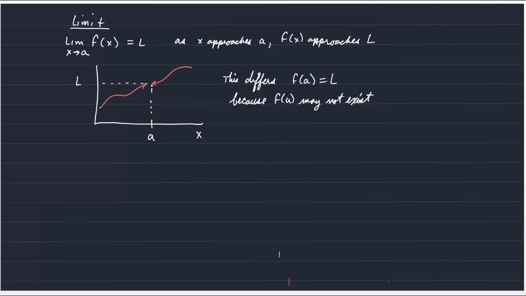Right? So in this arbitrary function, I've shown that it's a function that doesn't really exist at the value of a, but it approaches this value L at x is equal to a.